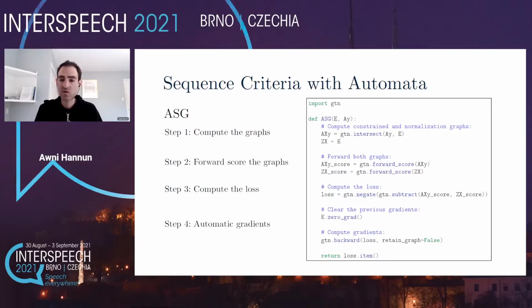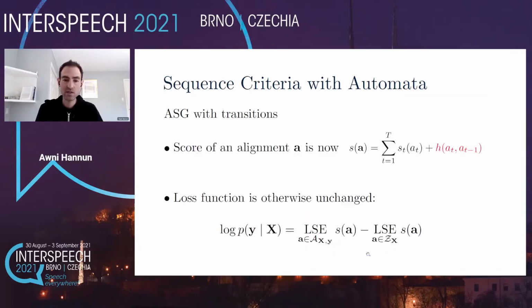But it's not as general, because not all loss functions admit that simplification. That's why I've shown you the more general approach here, because as we'll see with ASG with transitions, we actually have to compute the normalization term explicitly.